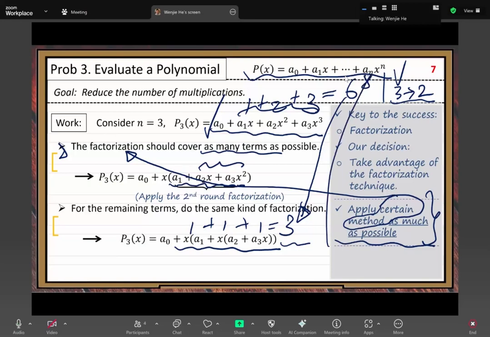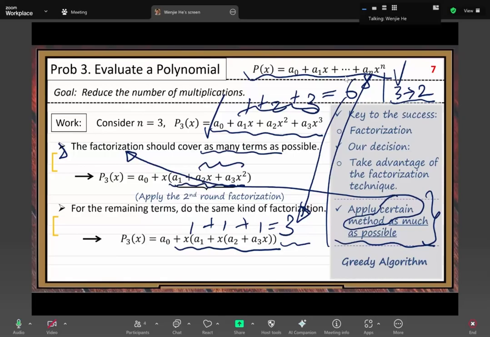In algorithm theory, there is a special name for this method. We call it greedy algorithm. You apply some special method as much as you can, and the word greedy describes that idea.